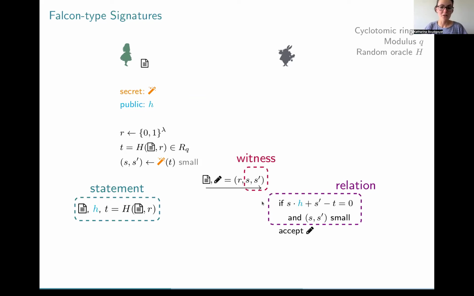And so the verification relation is now really just a relation over the ring that we can compute easily. And now Labrador is really suited for this, because we have a linear equation that has to map to 0 when evaluated at the witness, and I have some norm check on my witness.